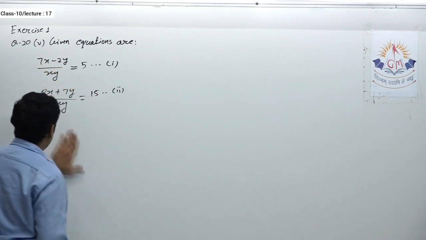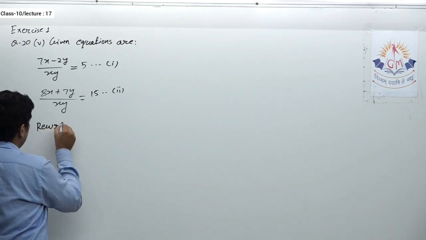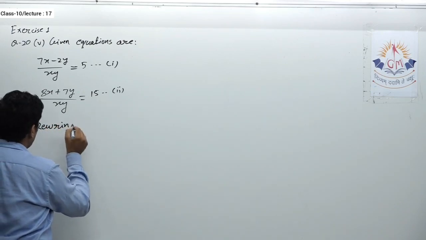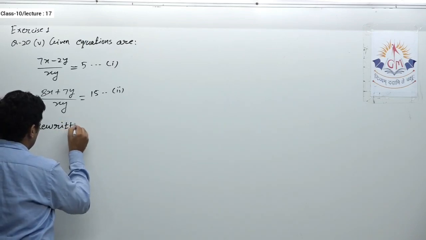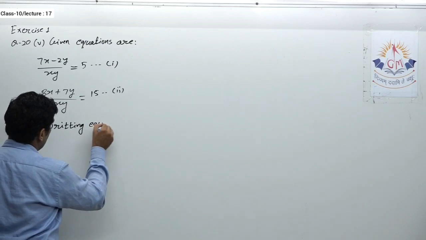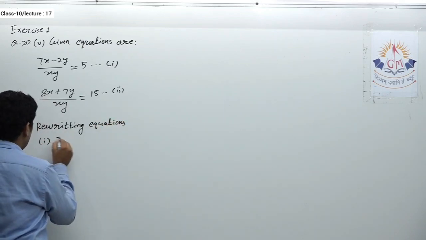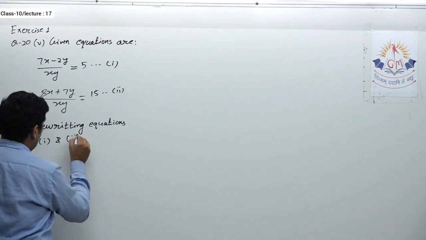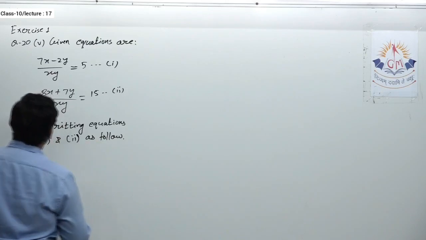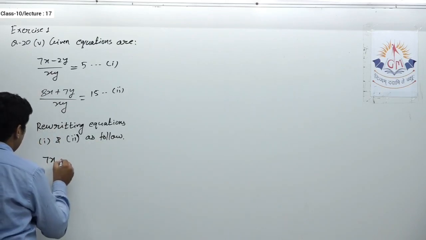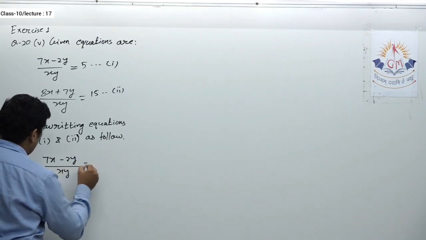Now, let us see how to solve this. So, rewriting equations first and second as follows. See, this is 7x minus 2y upon xy is equal to 5.